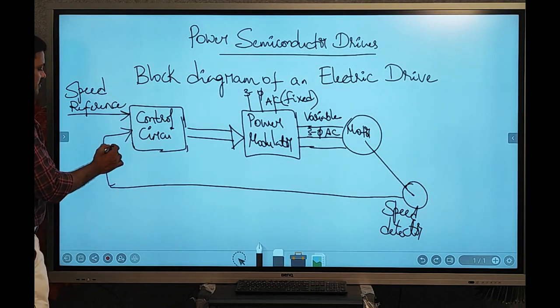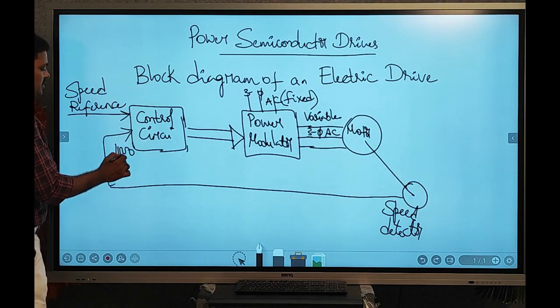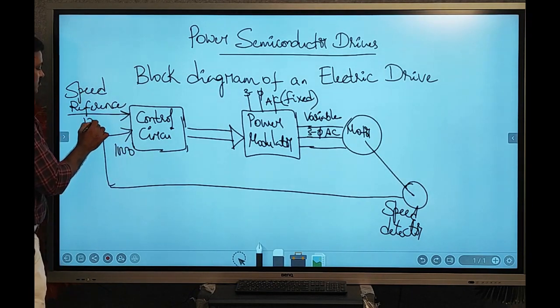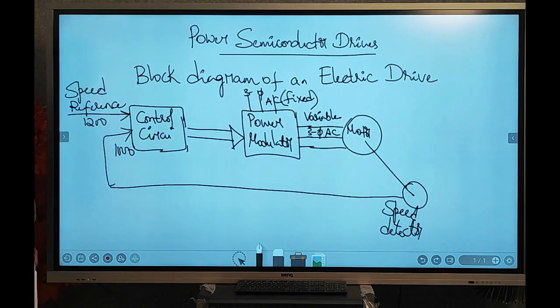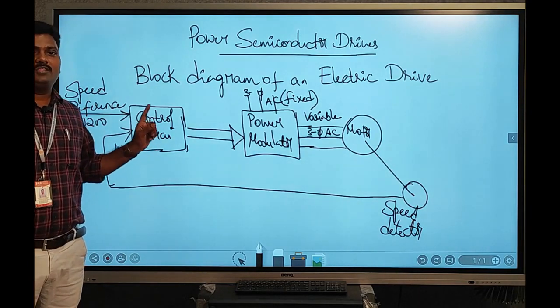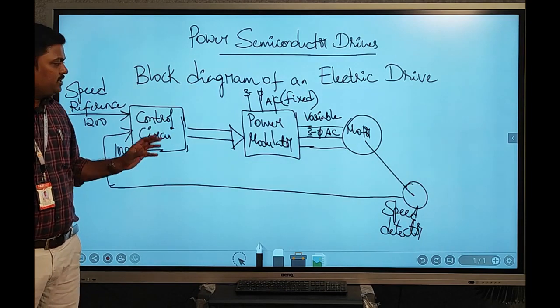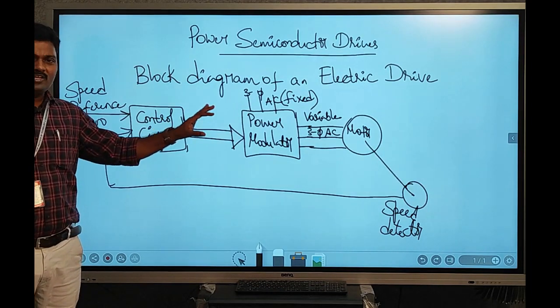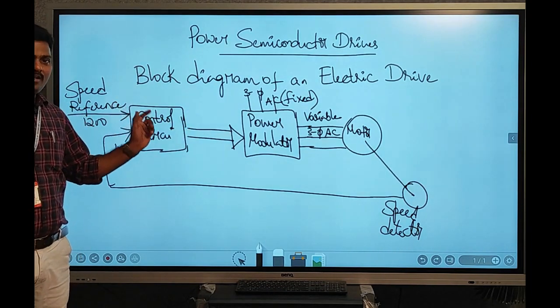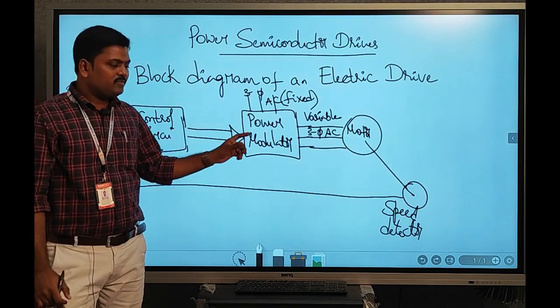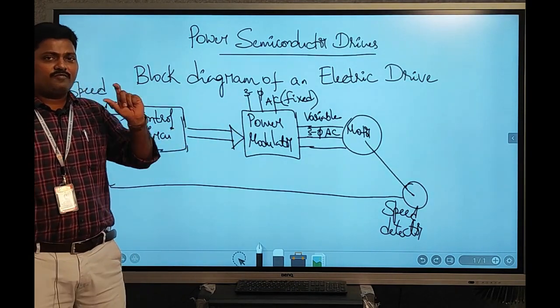Let us say the machine is rotating at some 1000 rpm and I have entered some 1200 rpm over here. So the error of 200 rpm will be processed by the control circuit. Correspondingly the firing pulses will be increased or decreased based upon the error signal or polarity of the error signal, and this will decide the amount of firing pulses.